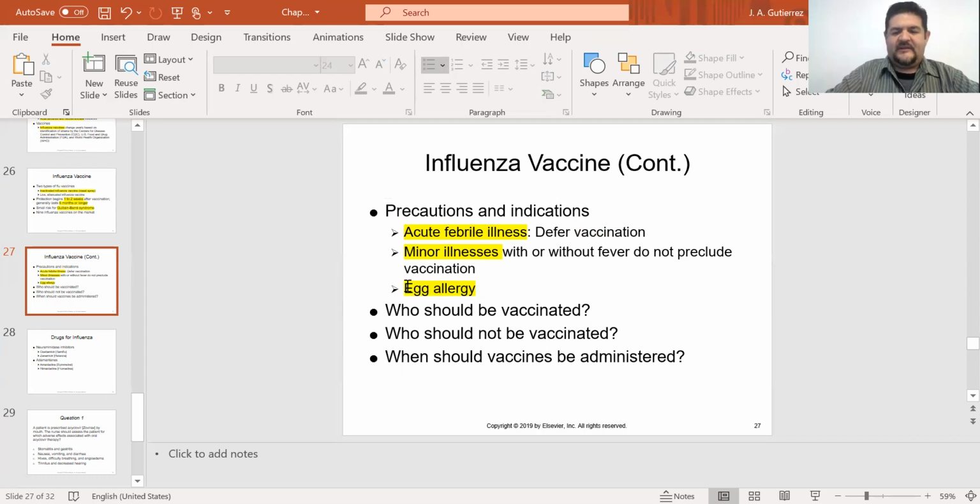So if the patient is allergic to egg and we provide the flu vaccine, he's gonna react to those proteins that are helping the virus survive without dying, but not providing enough energy to produce a disease. So again, if the patient has an egg allergy, we don't advise the flu vaccine because of the preservatives that it has.